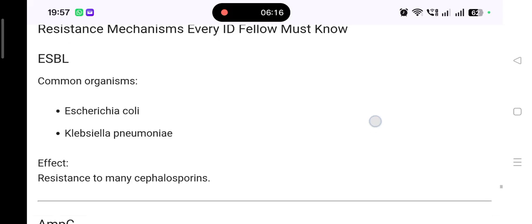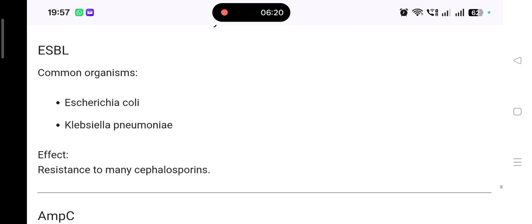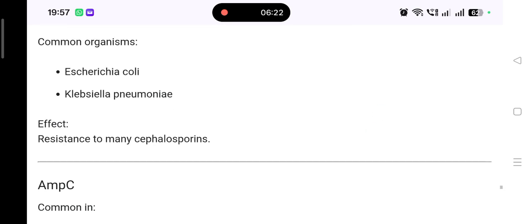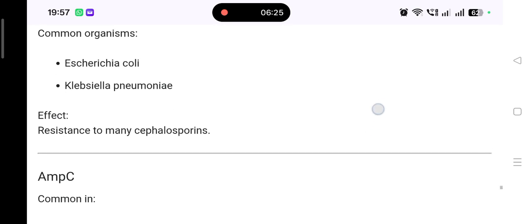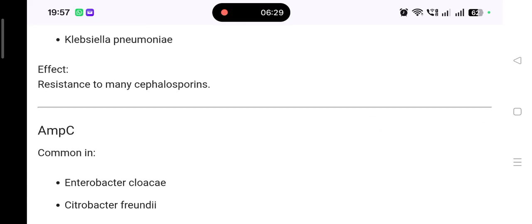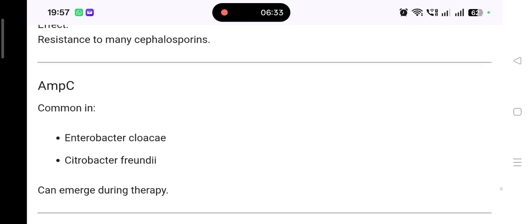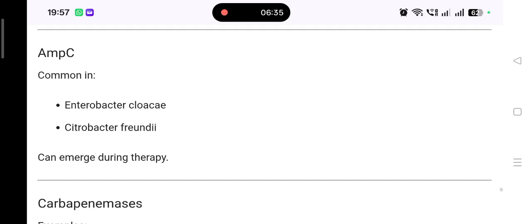Resistance mechanisms every ID fellow must know, like ESBL. The common organisms showing this are E. coli and Klebsiella pneumoniae, and the effect is they are resistant to many cephalosporins, so you cannot give cephalosporins in this case.